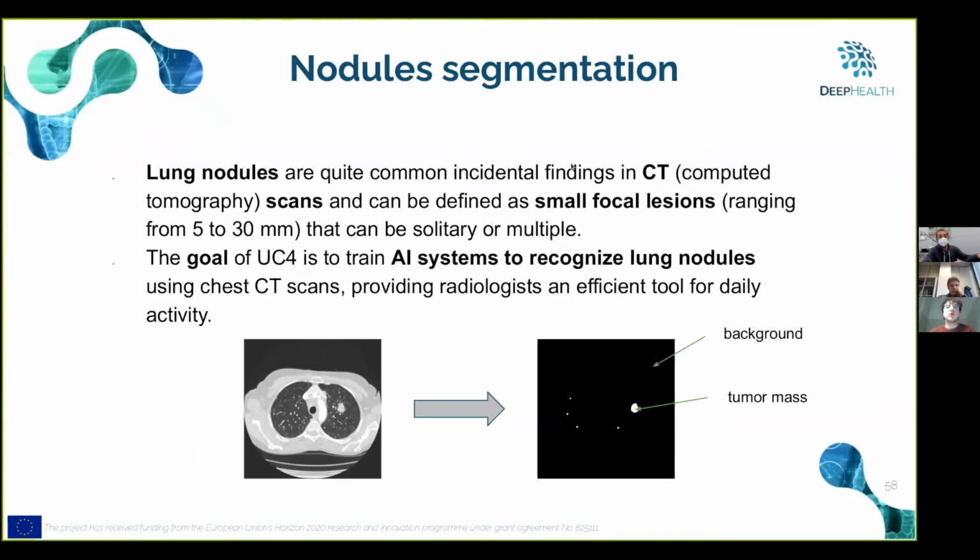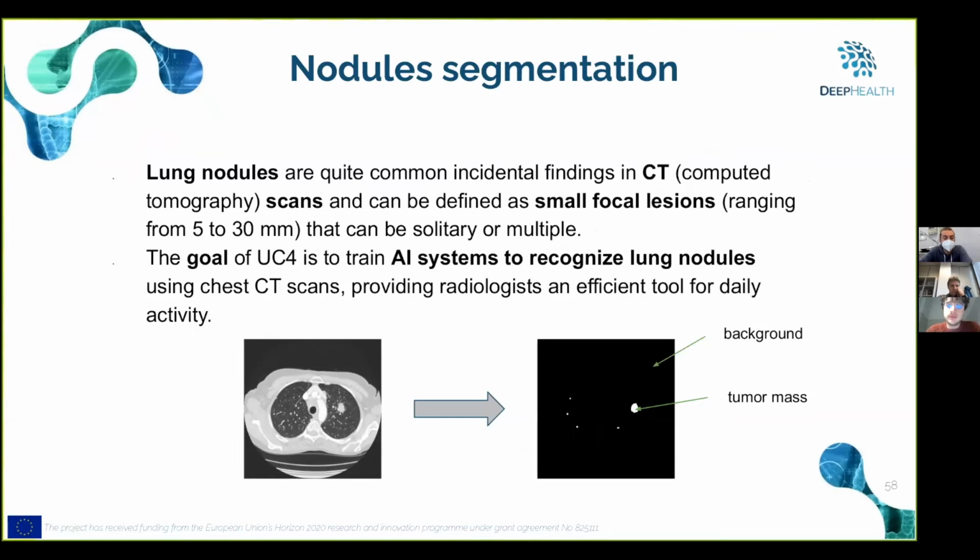Okay. So as Marco mentioned before, here we are talking about nodule segmentation in CT scans. These nodules are small focal lesions. They can range from 5 to 30 millimeters, and there can be one or multiple nodules.